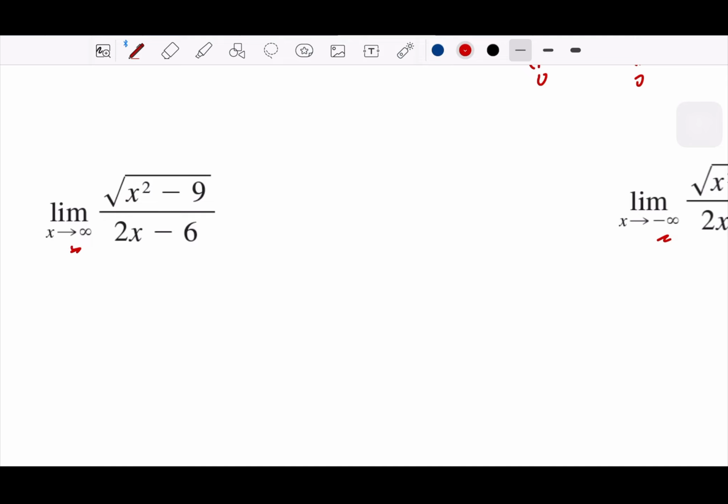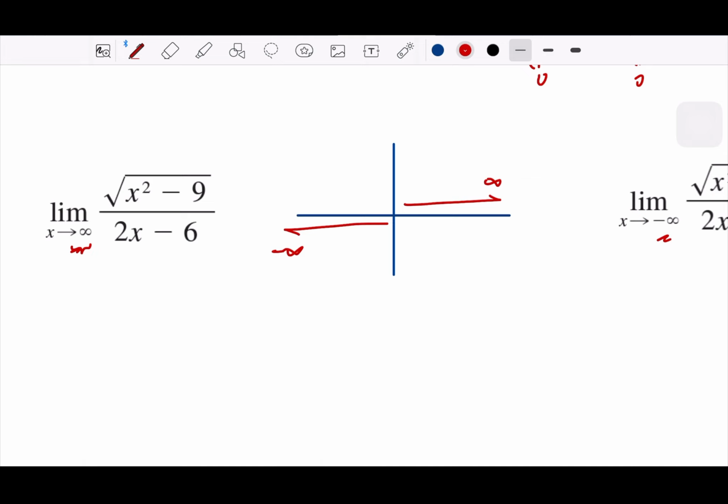If we look at positive infinity, it means that x goes through the right side. Like if we have the axis, this is going to be positive infinity, and this is going to be negative infinity.